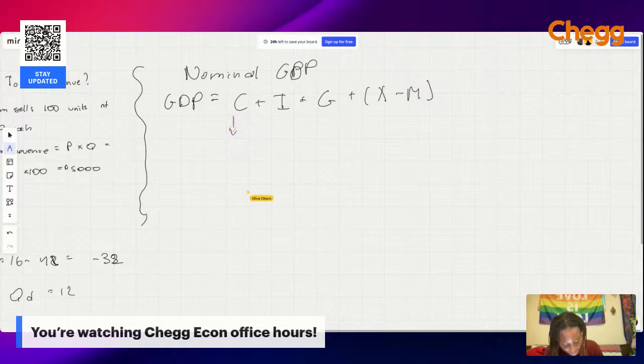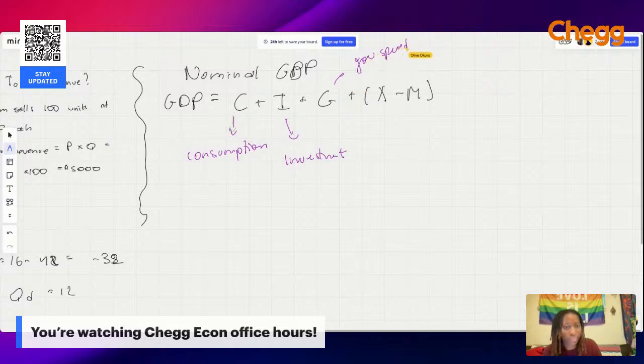Okay. Consumption. That's investment. Government spending. Exports. And imports. Okay. Next, we're going to look for nominal GDP.